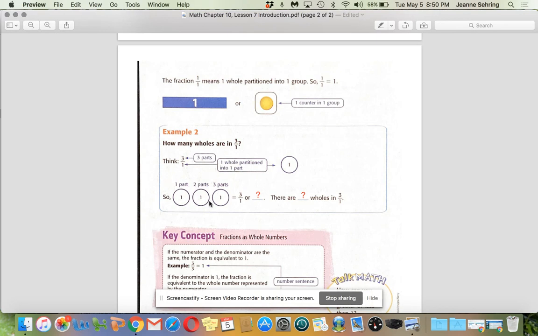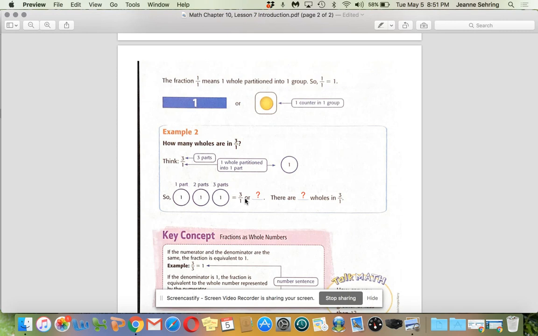So it's like if there's 3 separate counters and they're not partitioned at all, there's no parts to shade in because it's one whole, but there's 3 of those. So we write that as 3 wholes, each having 1 part. So it is 3 over 1.